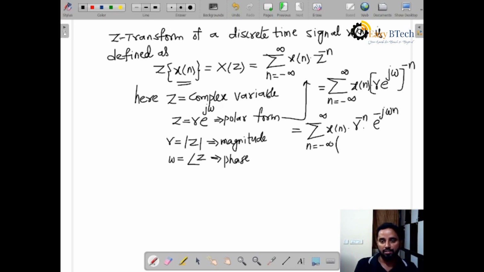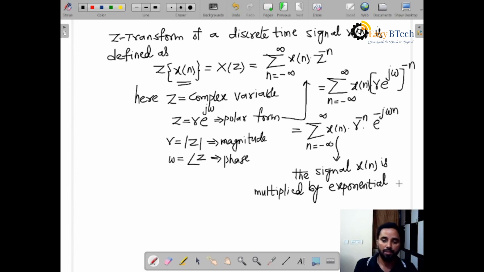Here the signal x of n is multiplied by the exponential sequence r power minus n, first point.